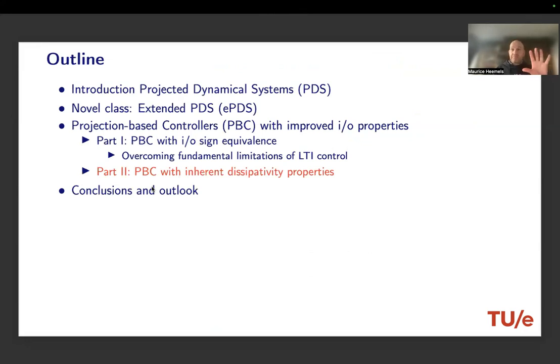Right, so that more or less addresses the first part. As I said, I've little time for the second part, so I'm just going to throw this at you. But to summarize, I hope I convinced you about the use of projection-based controllers, for instance by playing with these input-output properties, making the input-output sign the same.